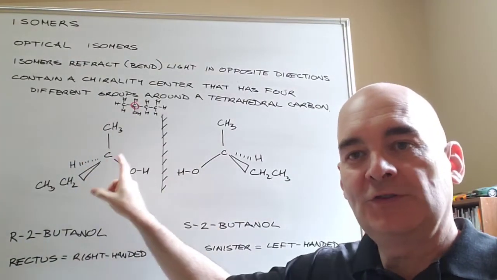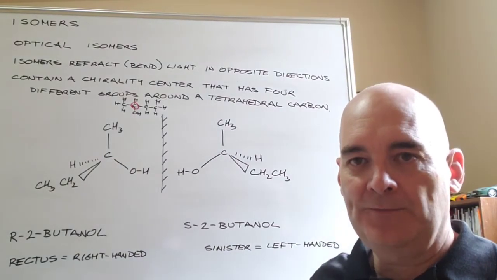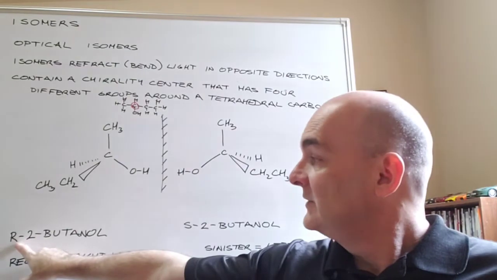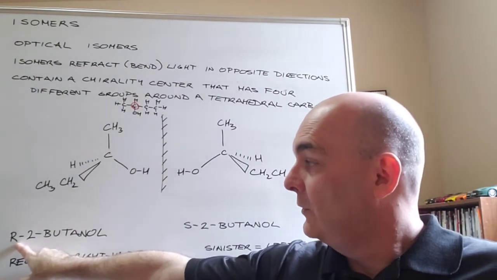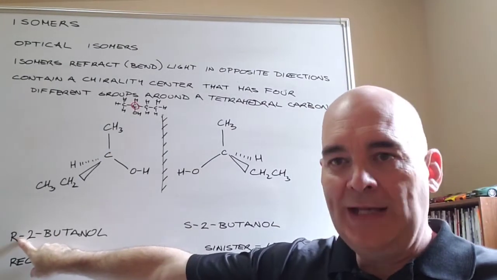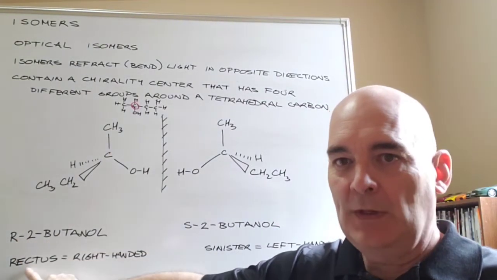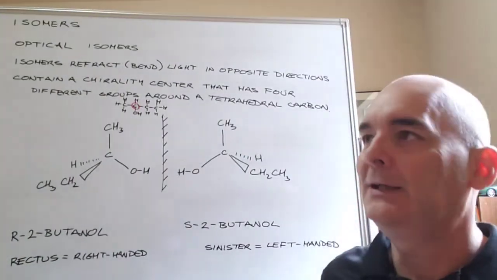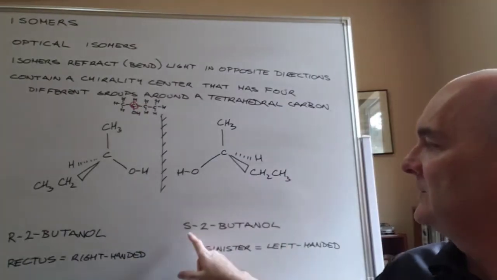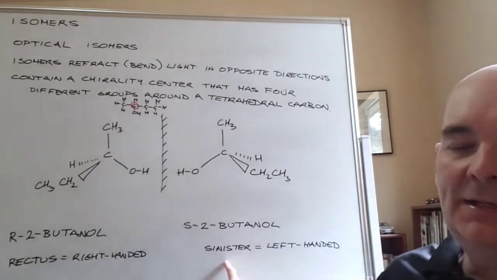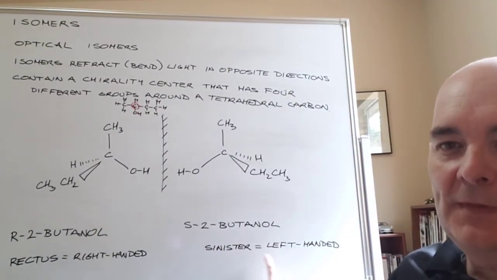These are non-superimposable on each other. They are different. So this now gets to be called R-2-butanol. This is the right-handed isomer, where the R is rectus, which stands for right-handed. This gets to be the S isomer, which is the left-handed isomer, sinister for left-handed.